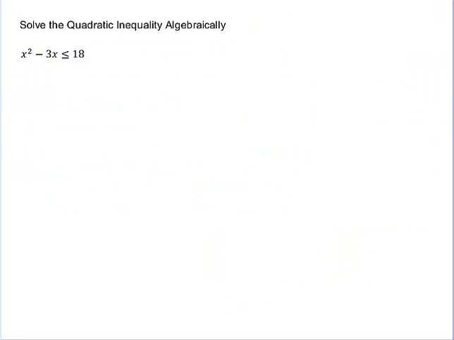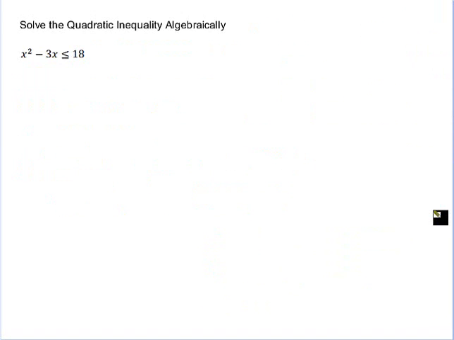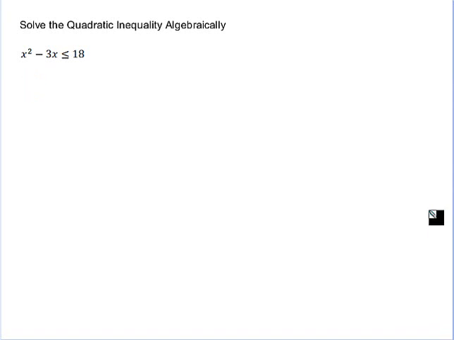All right, and last but not least, we are going to solve this, but now we're going to solve it algebraically, so with no graph. So first off, you want to get it equal to 0. So I'm going to subtract the 18 over, so we'll have x squared minus 3x minus 18 is less than or equal to 0.